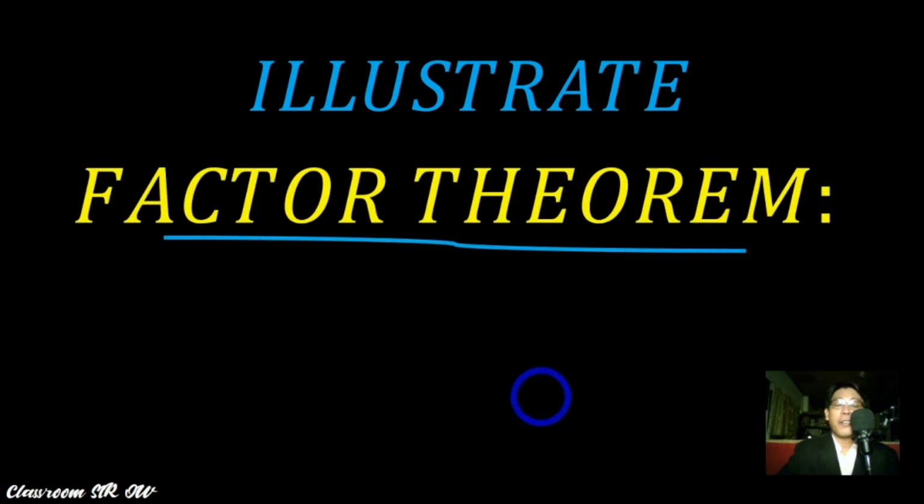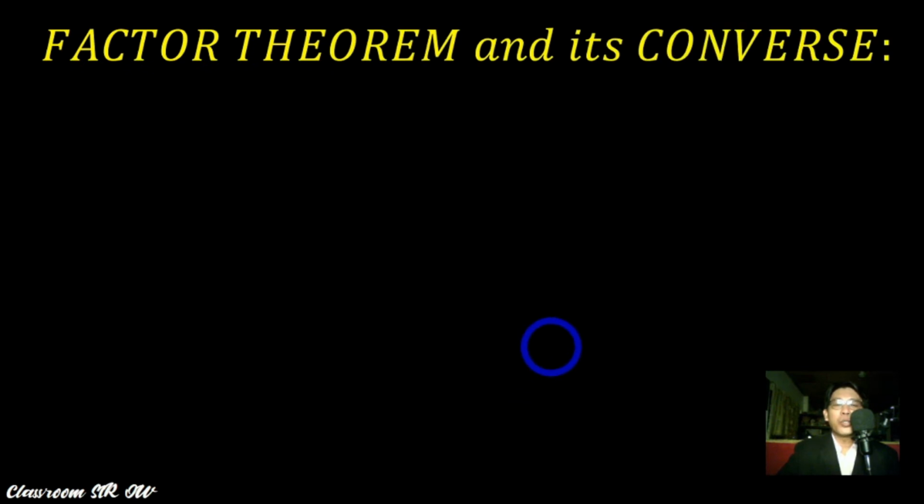What we are going to talk about in this session is we are going to illustrate what is the factor theorem. So let us start. Before I show you the definition of the factor theorem and its converse, let us first recall our remainder theorem.